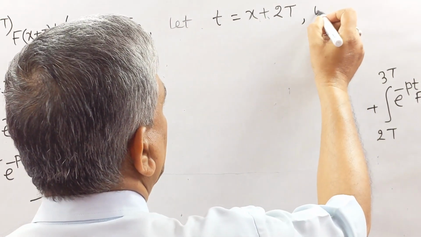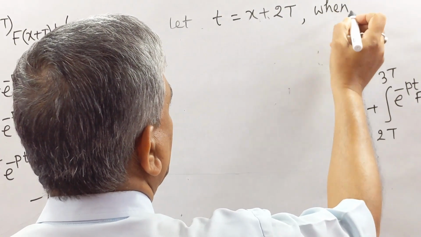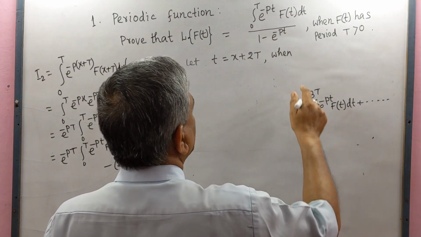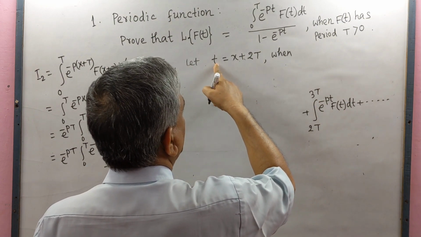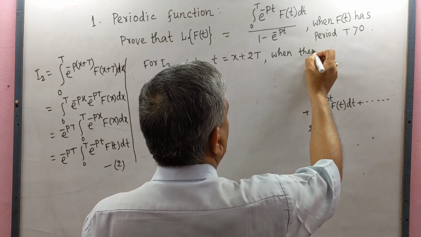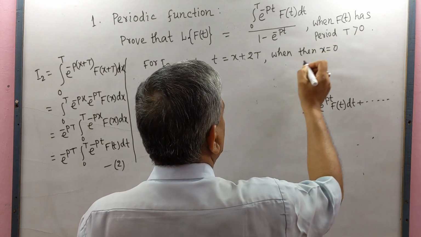When small t equals 2T, then x equals 0.